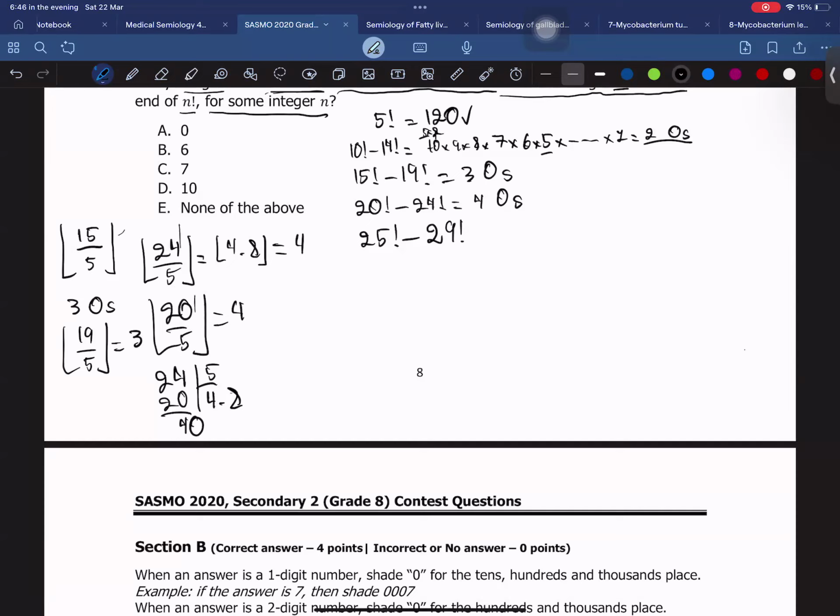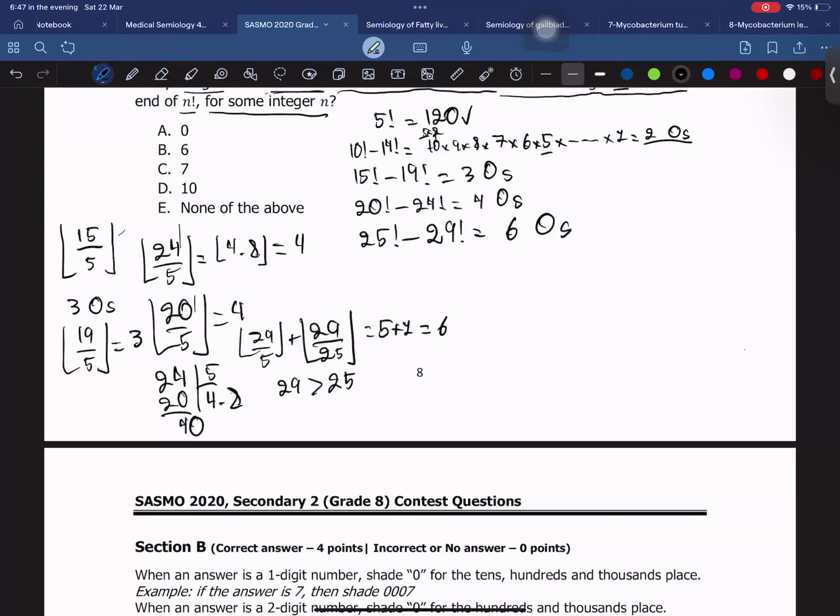When we divide 29 by 5, we're going to have 5. But here we must know that 29 is bigger than 25, so to count all the zeros, you need to add 29 over 25 with the floor function too. So we have 5 plus 1, which means 6.